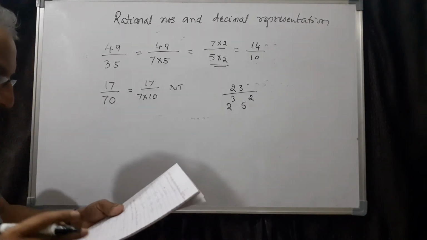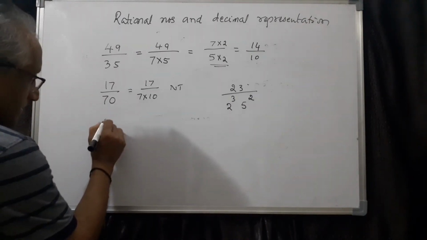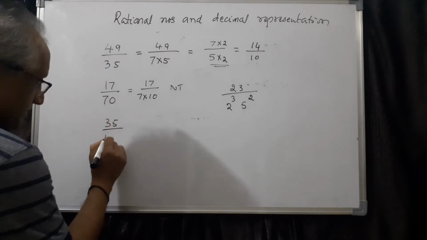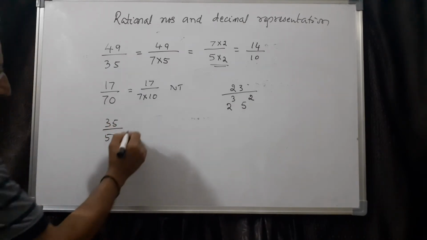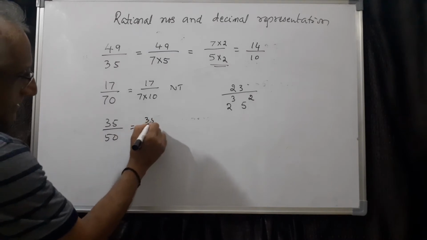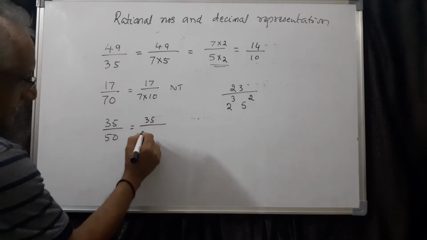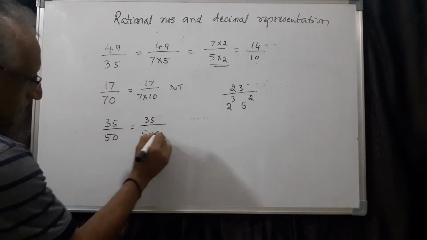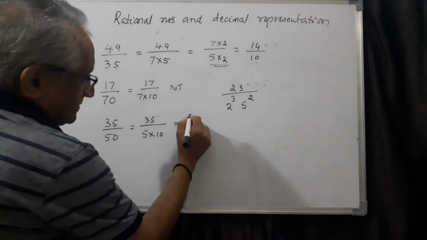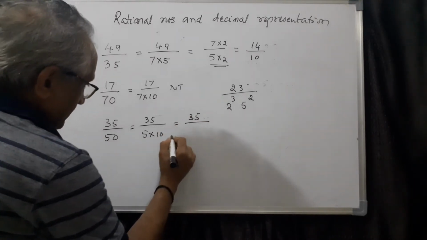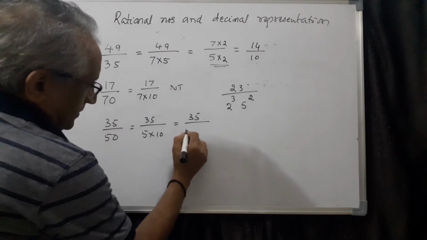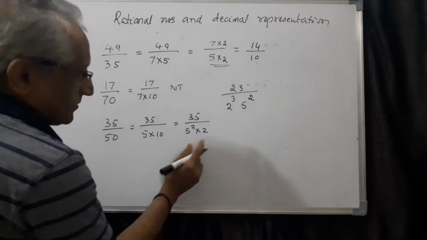So similarly 35 by 50. 35 divided by 50 can be written as 5 into 10, and this can be written as 35 divided by 5 square into 2, or 2 into 5 square.